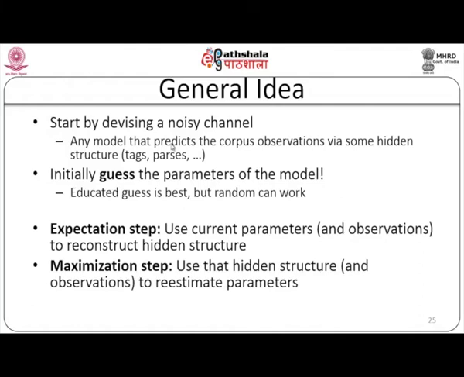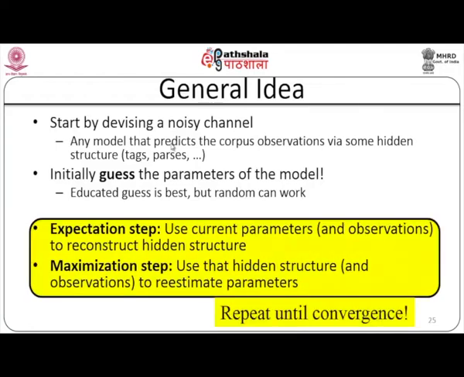Use the current parameters and the observations to reconstruct the hidden structure. Then use that hidden structure to re-estimate the parameters of the model. You keep doing this until you reach convergence. This is the general idea of the expectation maximization framework.